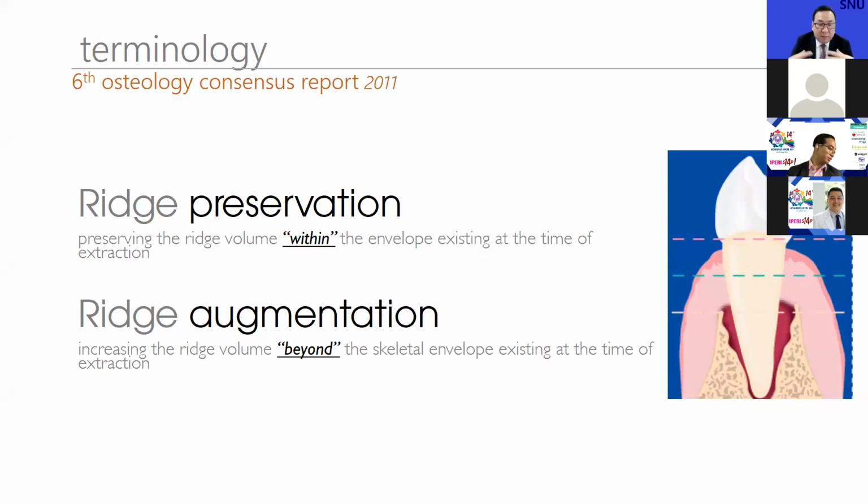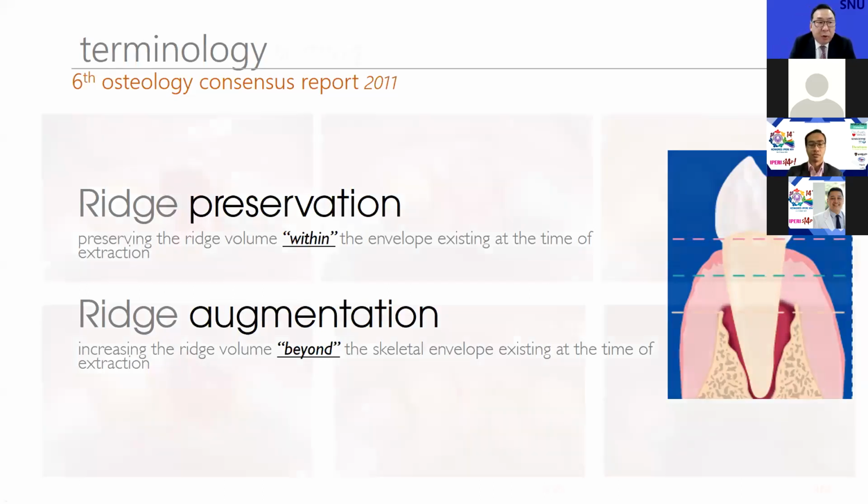And augmentation can be defined as increasing the ridge volume beyond the skeletal envelope existing at the time of extraction. So there is a little difference between the two terminologies. However, clinically, I want to stress that preservation, because of the soft tissue and hard tissue that is present at the time of extraction, is much more simple than bone augmentation.